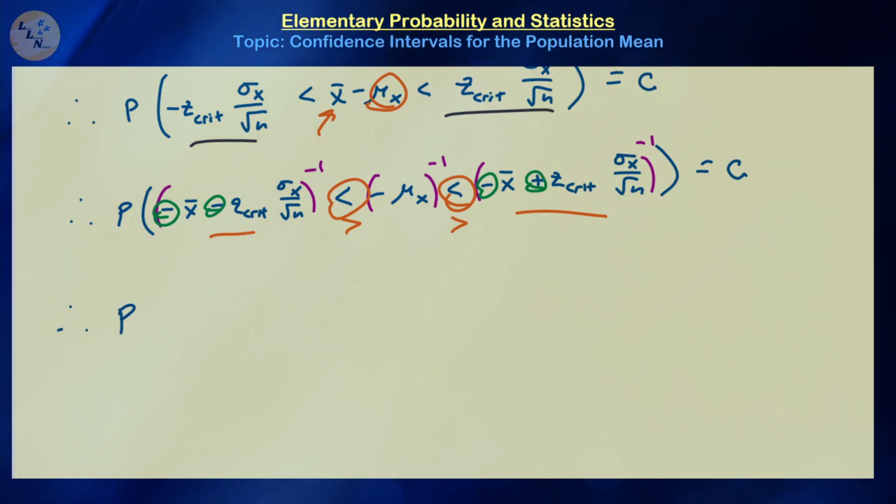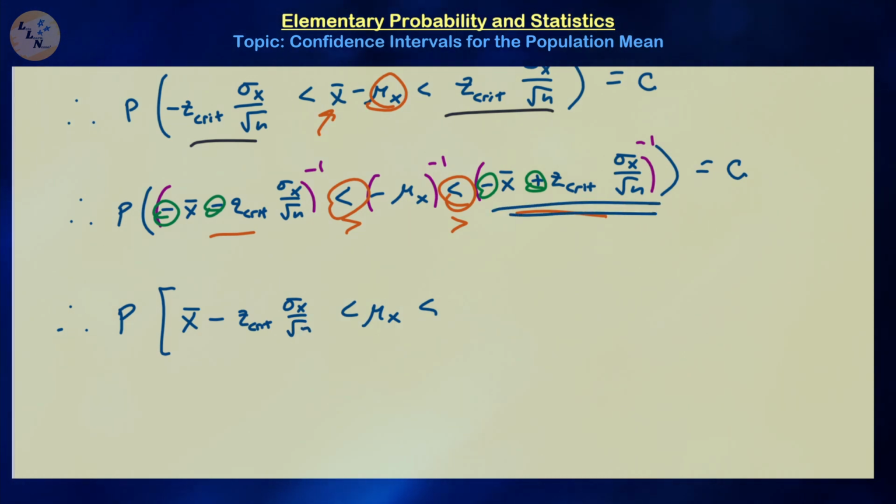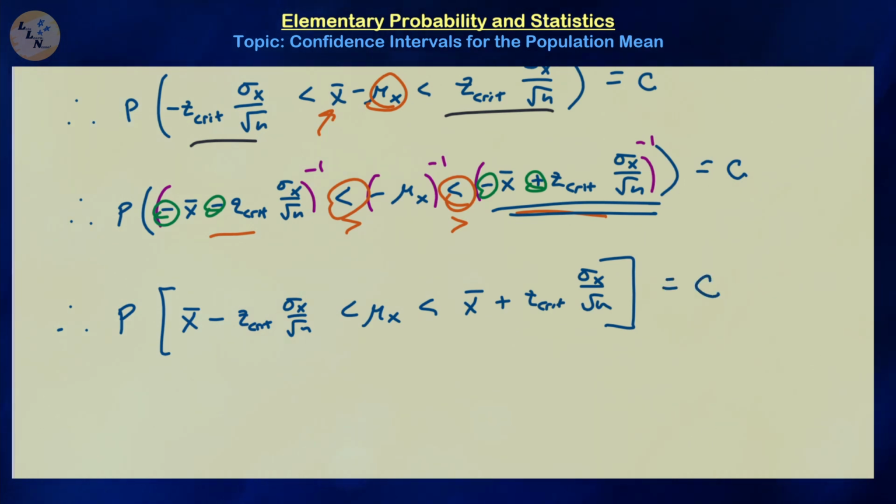We're going to have the probability that mu x is between x bar minus z crit times sigma x over the square root of n. So that's this object just reversed. And then x bar plus z crit times sigma x over the square root of n. The probability that this is true is equal to c.